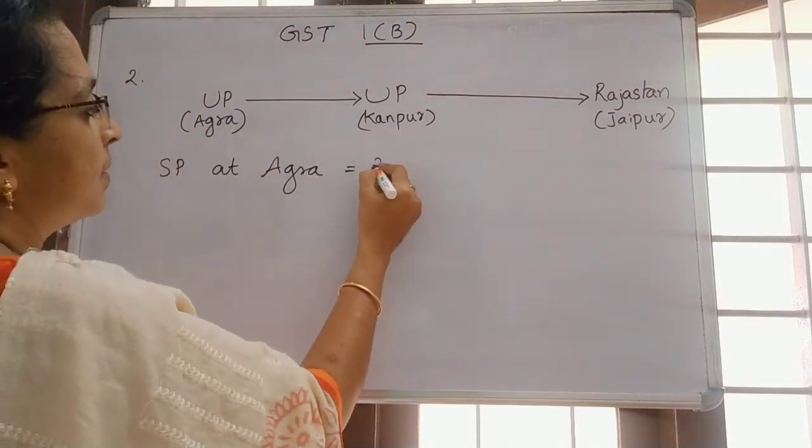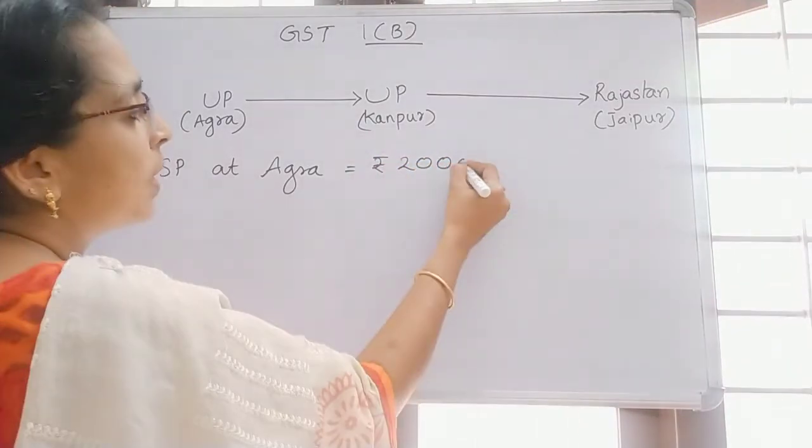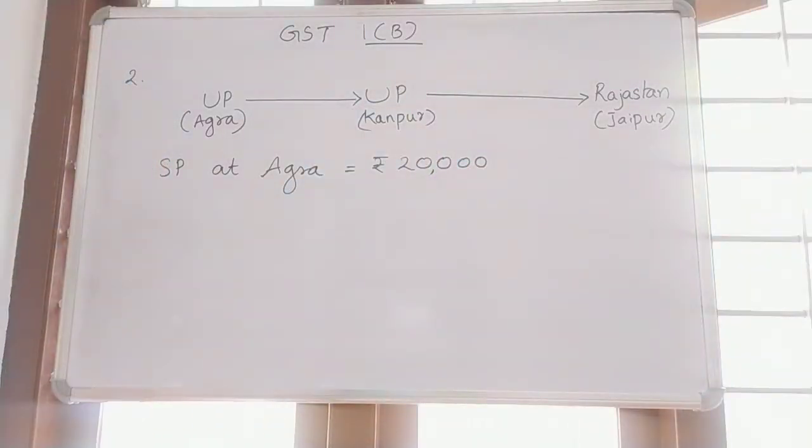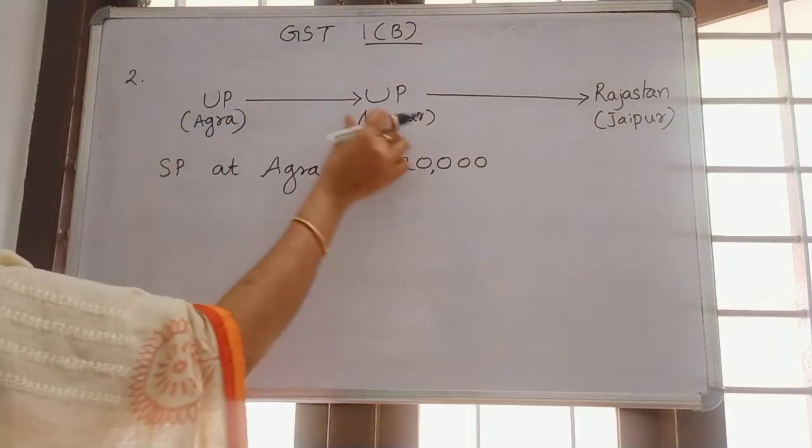So what will be the selling price at Agra? It will be rupees 20,000, from Agra to Kanpur.